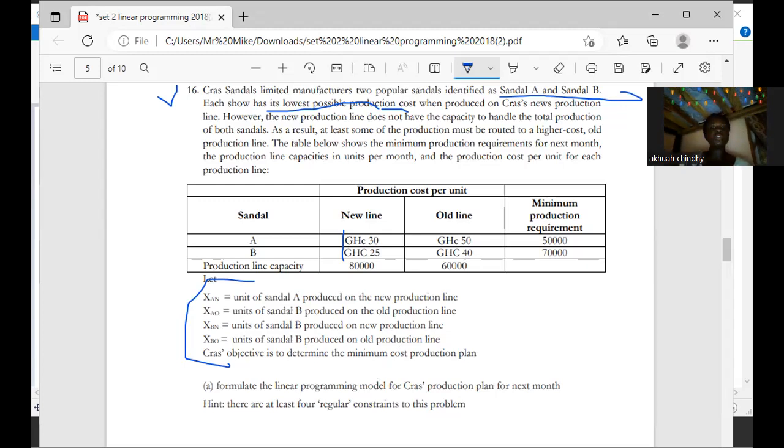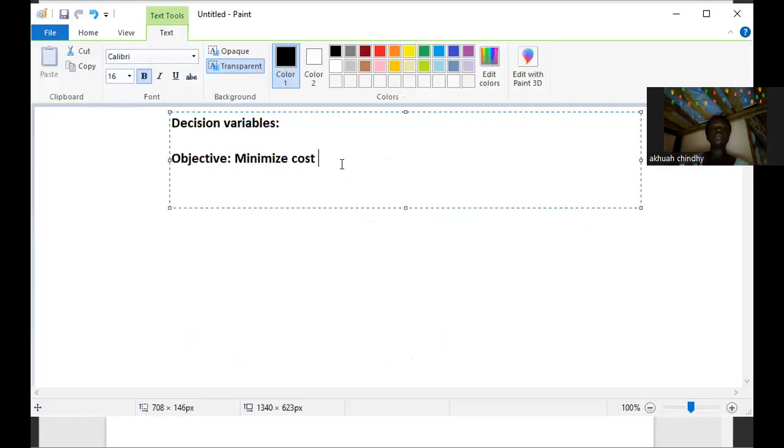So all you have to do is go to your objective function side, write the contribution attached to the variable, then add the rest. With this one, it's to minimize cost. So the contribution from the new production line for A is 30.